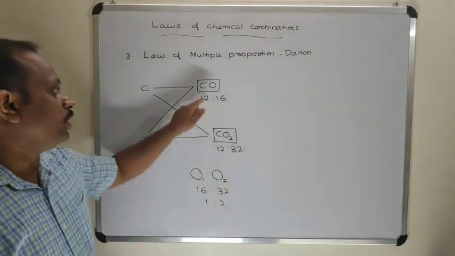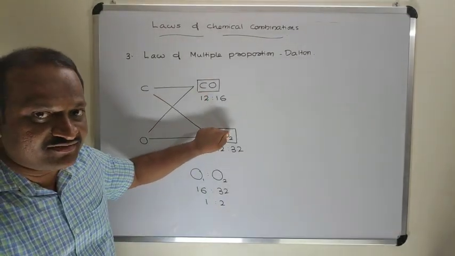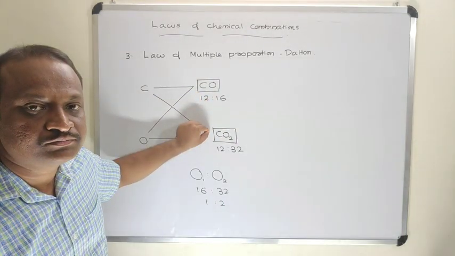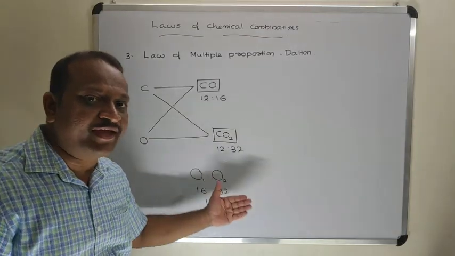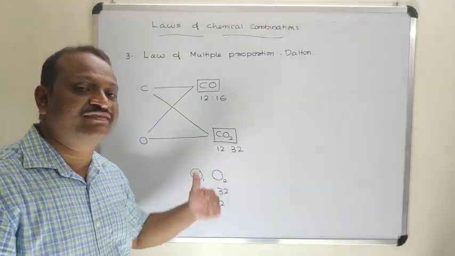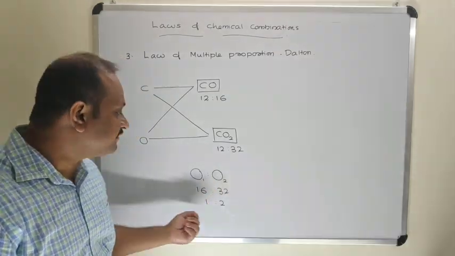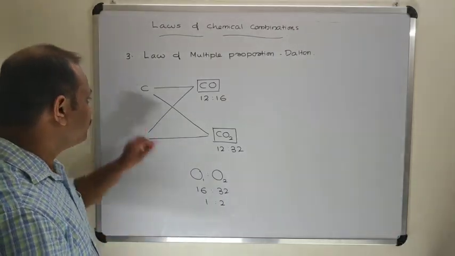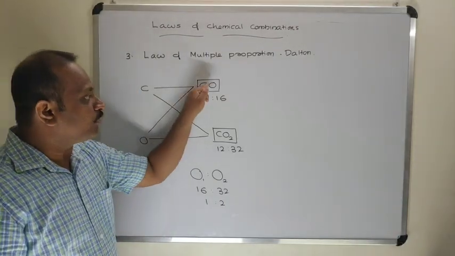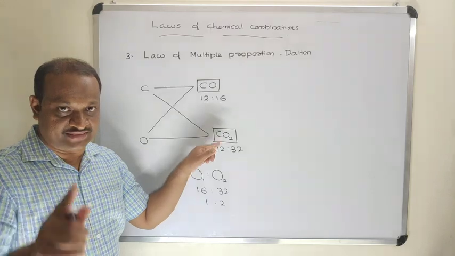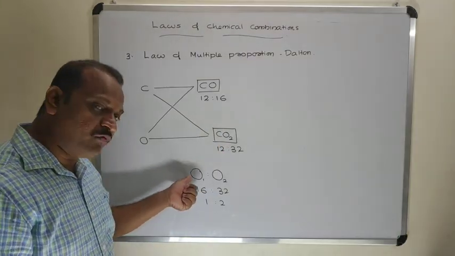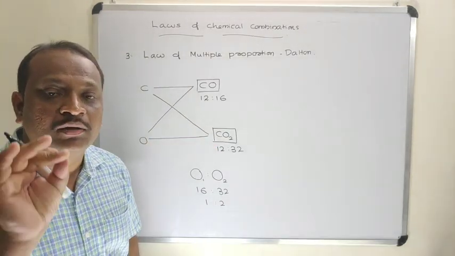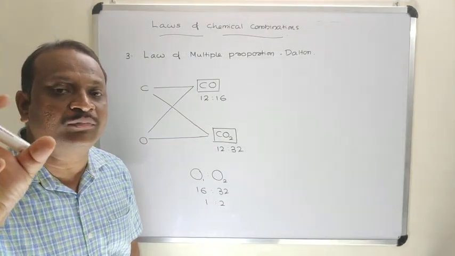Ratio of oxygen that combines with fixed weight of another element. The ratio of one of the elements that combines with the fixed weight of another element. That's the ratio. So what is meant by law of multiple proportion? When two elements combine to form more than one compound, then the ratio of one of the elements that combines with fixed weight of another one bears a simple whole number ratio.